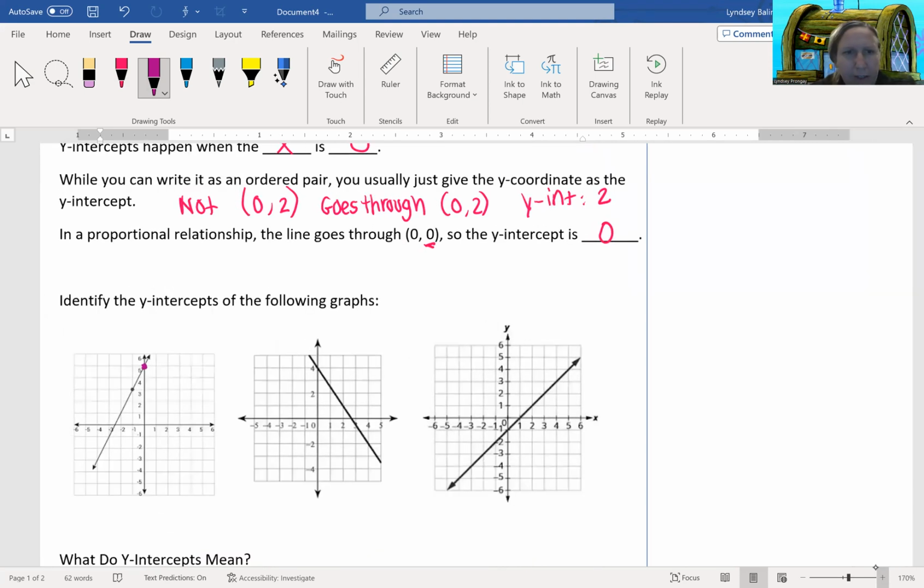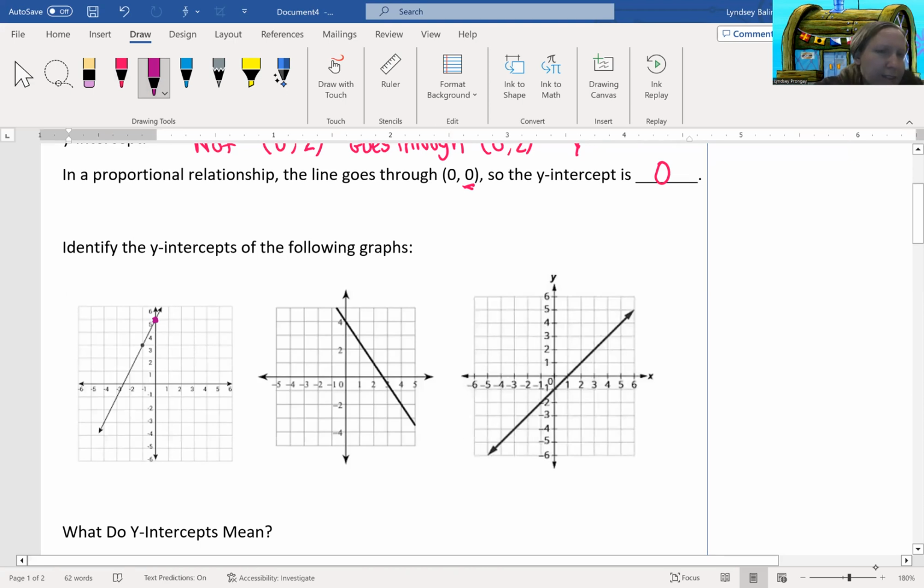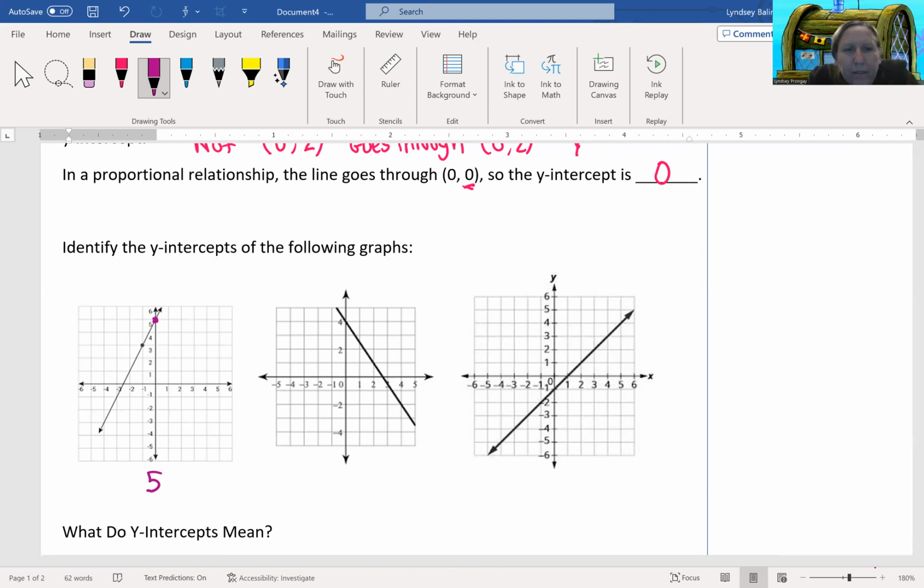I'm going to zoom in here. It hits right here, so that Y-intercept is going to be a positive 5. Here on the next one, we're hitting the Y-axis right there, so our Y-intercept is 4.